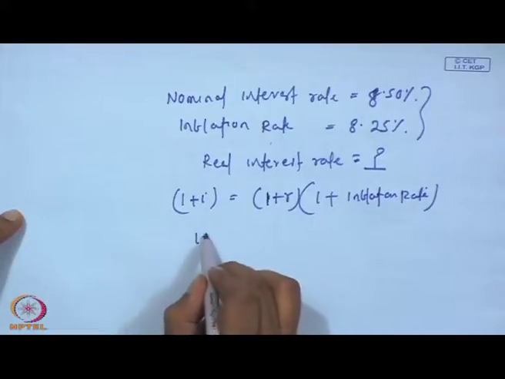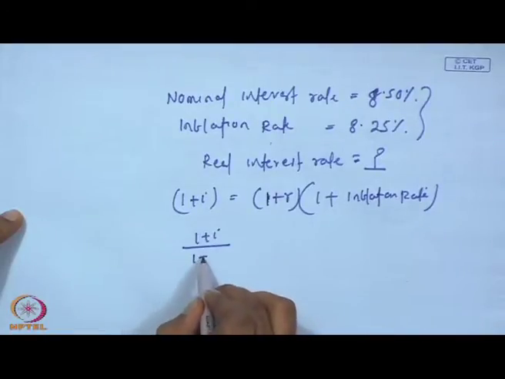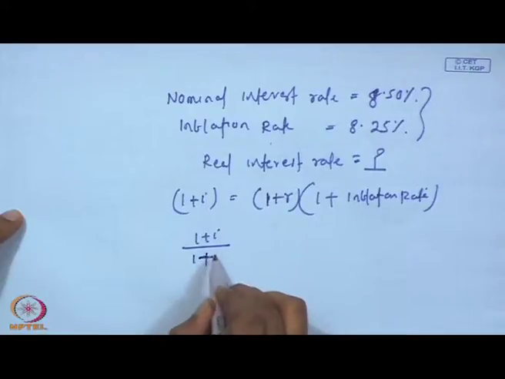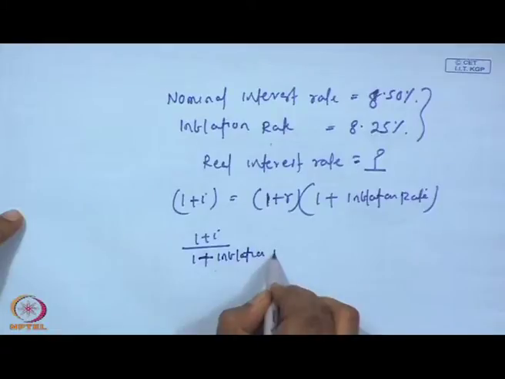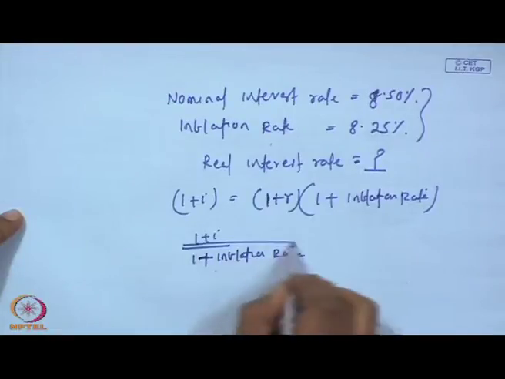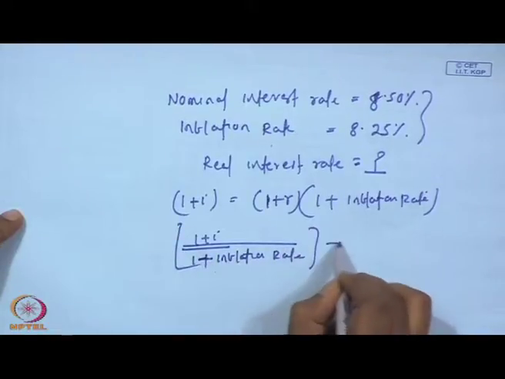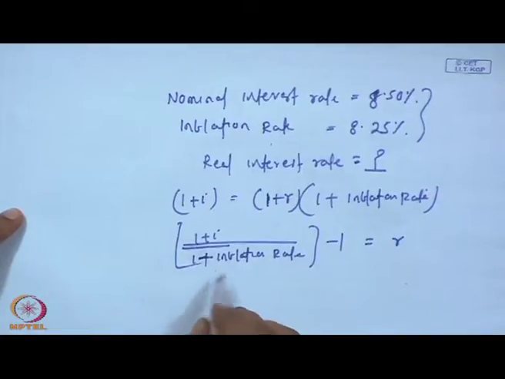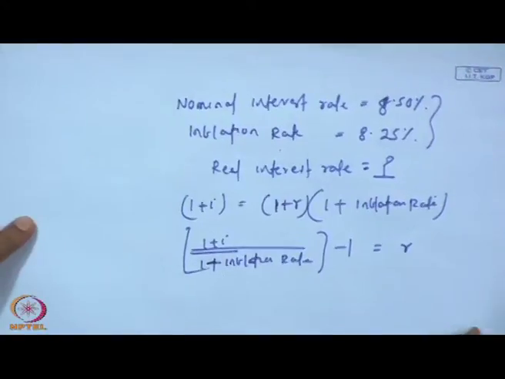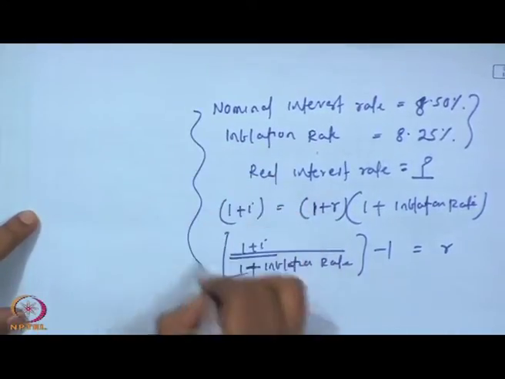So, 1 plus I by 1 plus inflation rate, minus 1 will give you the real interest rate.